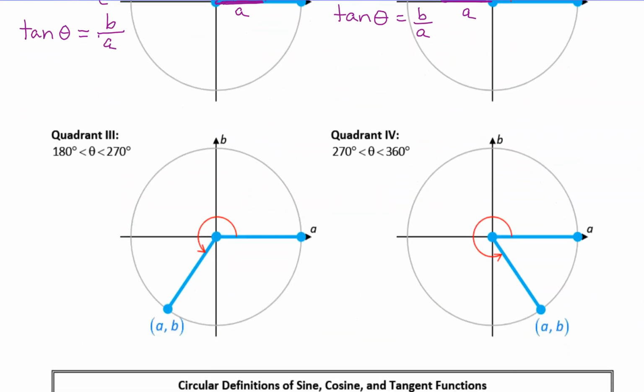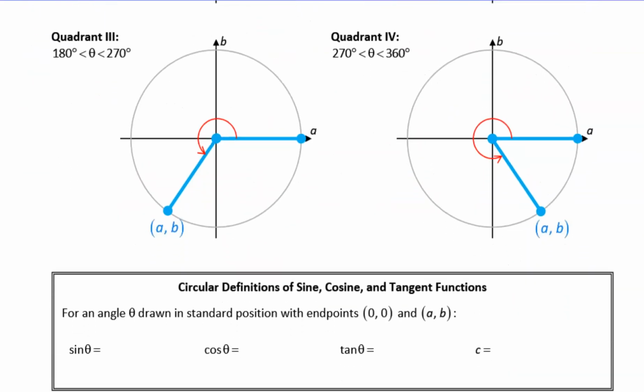Now let's move into quadrant 3. Theta is an angle larger than 180 degrees that starts on the positive x-axis and rotates to the terminal side in the third quadrant. A reference triangle can be drawn with sides a, b, and c. Notice that to get from the origin to the point a comma b, we go over a and down b.